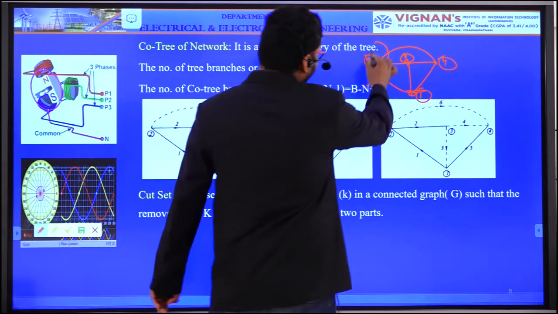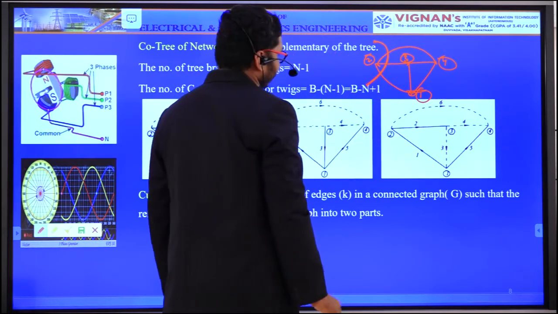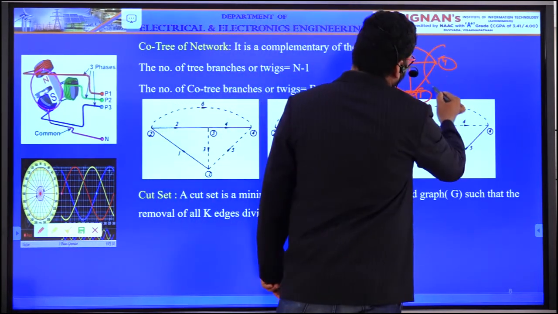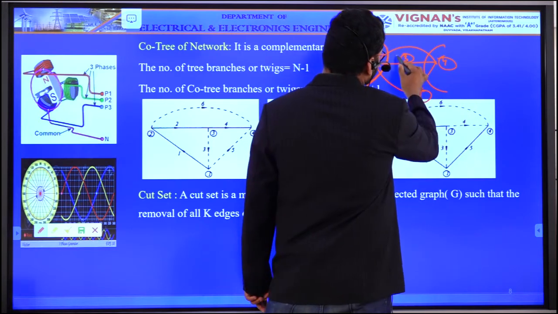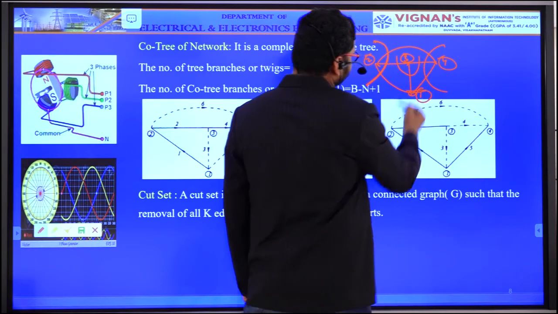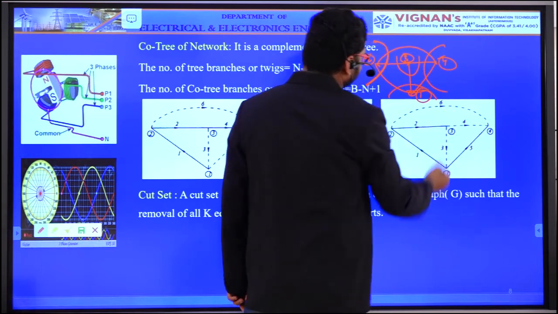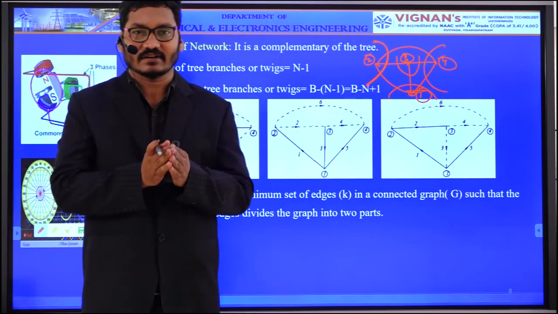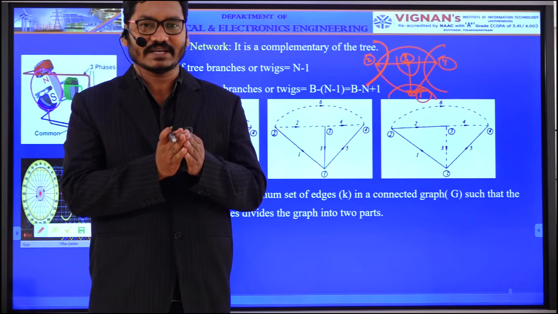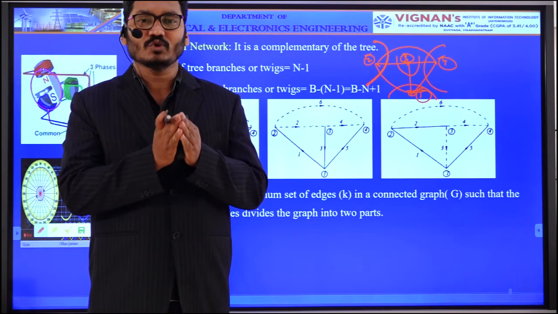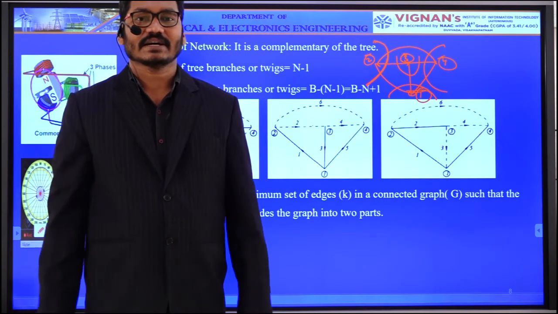Suppose here I am cutting, this is one cut set. Here I am cutting another cut set. You can also cut a single node, this is one cut set. If you make a separation of the graph into two parts, we call it a cut set.